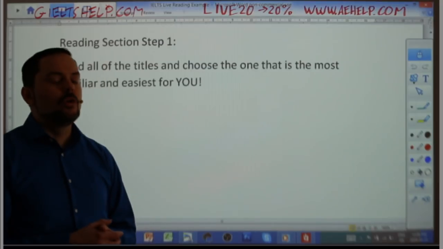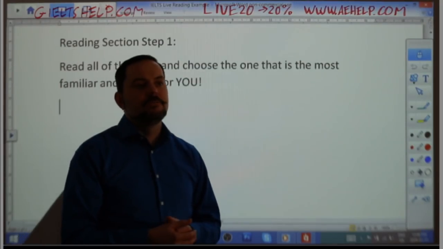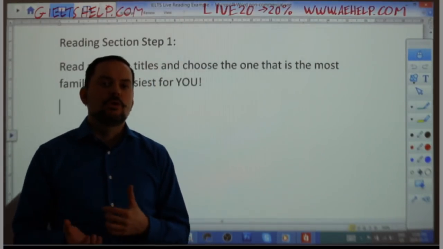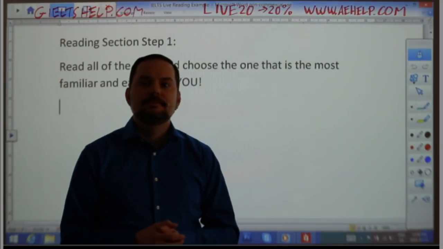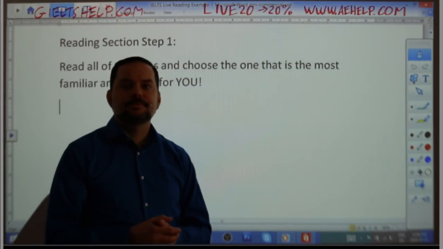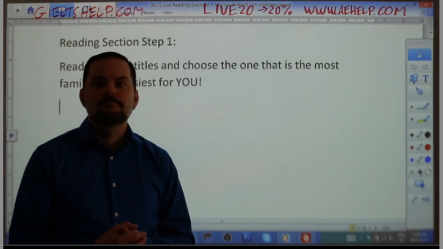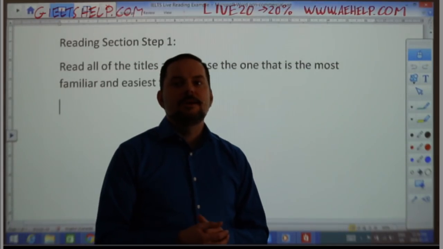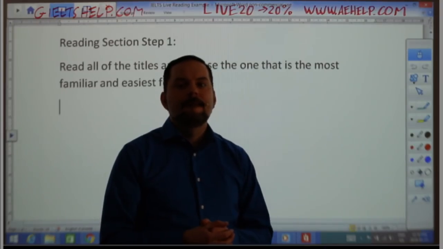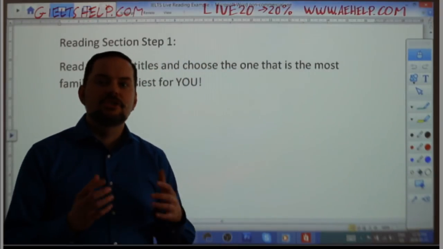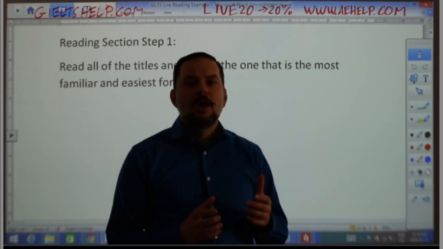Does anybody know how IELTS can make one passage more difficult than the other passage?